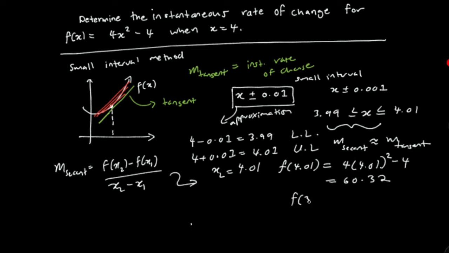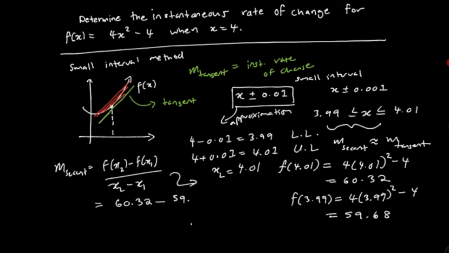Then I'm going to do f of 3.99, and I get 4 times 3.99 squared minus 4. And if I punch that out, I get 59.68.